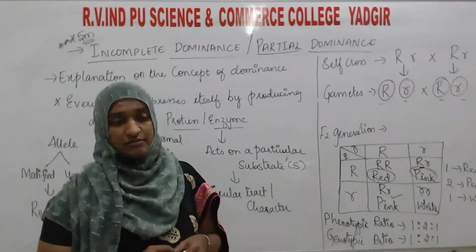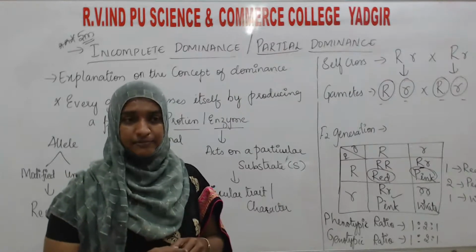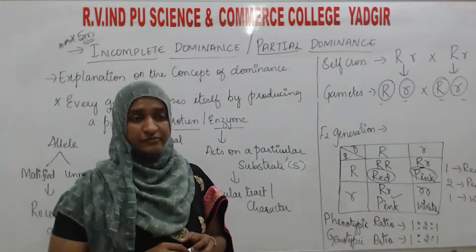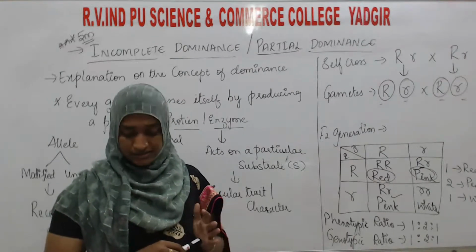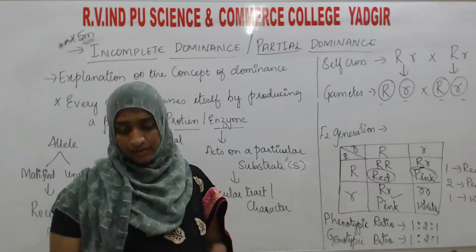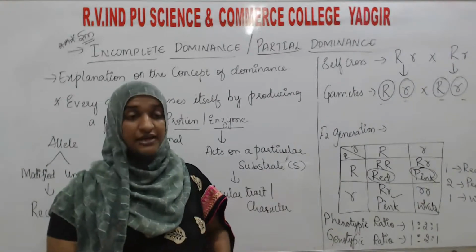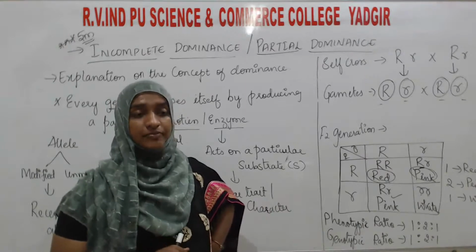But there are some genes in the cells, some genes or alleles which are responsible for these blood groups. Codominance means where both alleles in a heterozygote condition express themselves equally.